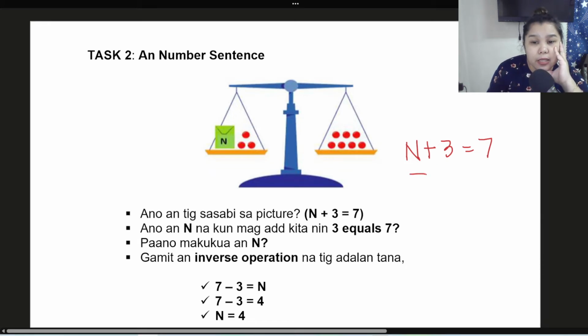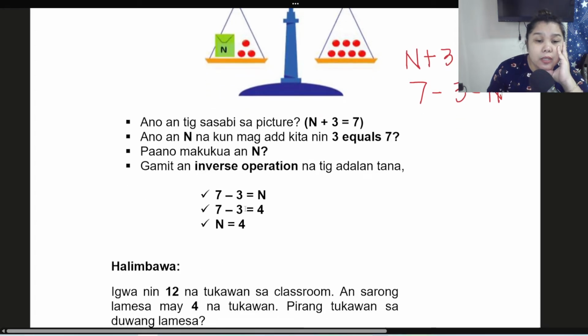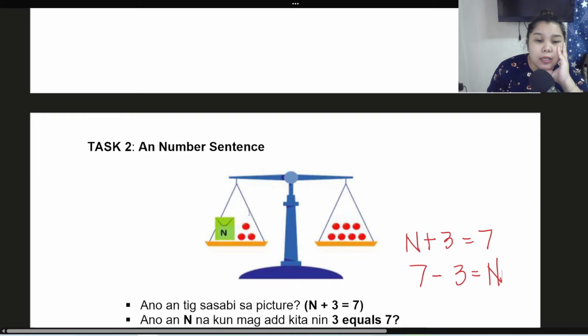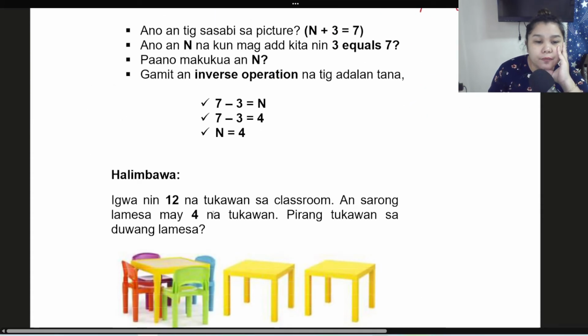So, ito 7 minus 3 equals n. So, that is how you will get the answer using inverse. So, 7 minus 3 equals 4. Kaya ang n, 4. So, ano pang kulang para maging pantay? We need 4 more. So, 'di ba? Pareho na ang laman on both sides kasi 4 ang kailangan.